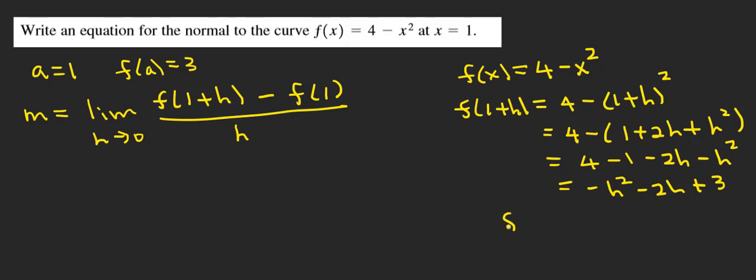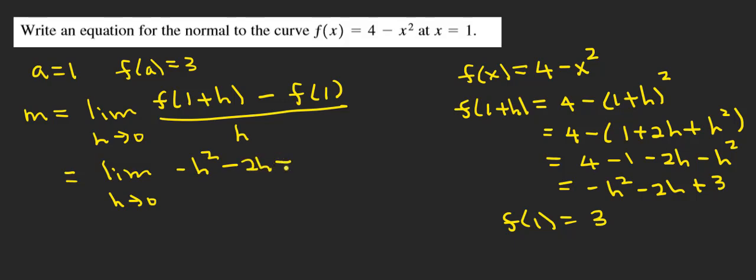Now, what is f of 1? Well, f of 1 is going to be 3. That was our f of a. So let's plug it in. Limit as h goes to 0 of negative h squared minus 2h plus 3 minus f of 1, which is 3, all over h.